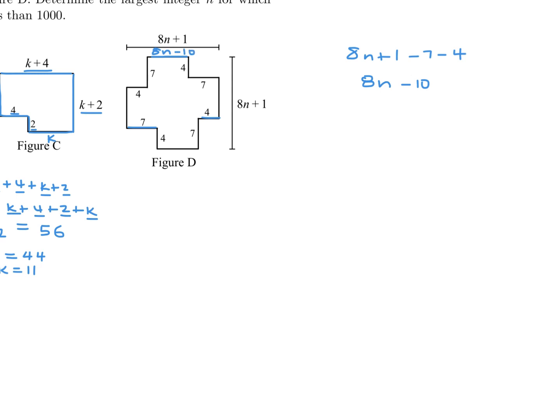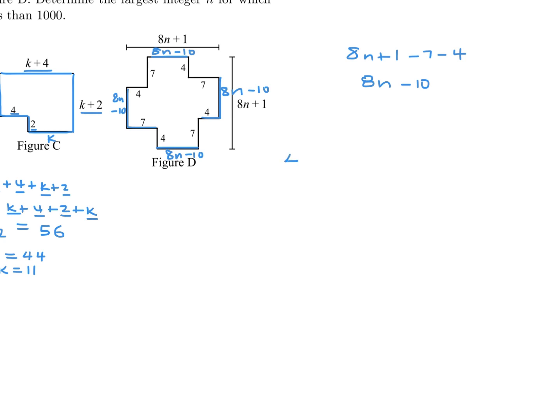And then this side here, I think it's the same story because you're going to minus a 7 and a minus a 4. So that's also 8n minus 10. And I think it's the same thing here and here also. That makes it easy. Everything else is labeled, right? So let's add all this up.